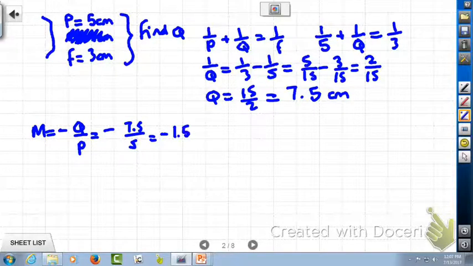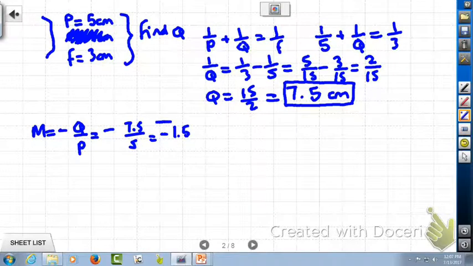Is that right? Am I right on that? Minus 1.5. So those are my two answers. Let's just interrogate them a little bit. So the first thing that happens is this is a positive Q. And what does a positive Q mean? Positive Q.